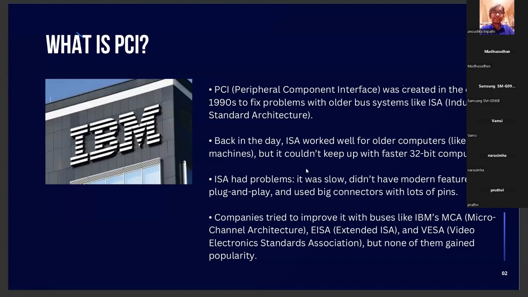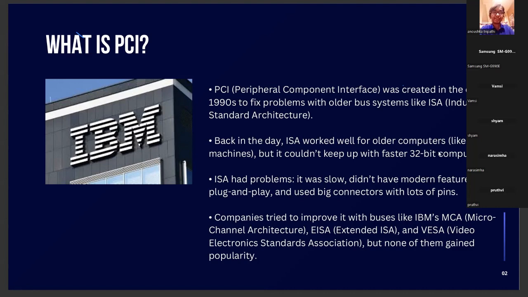Back in those days, there was ISA, which was also a type of protocol, and its full form was Industry Standard Architecture. It was great for older computers like 286 machines. However, it struggled with the increasing demands of faster 32-bit computers.